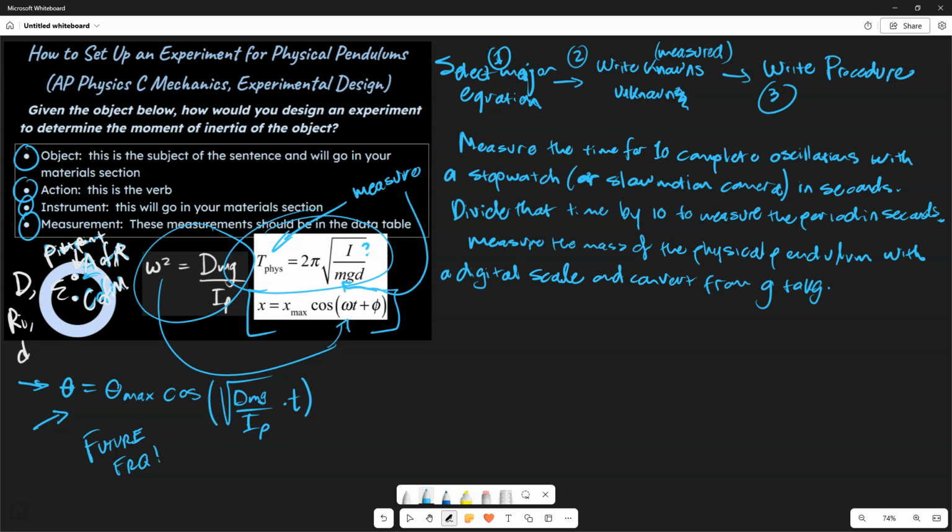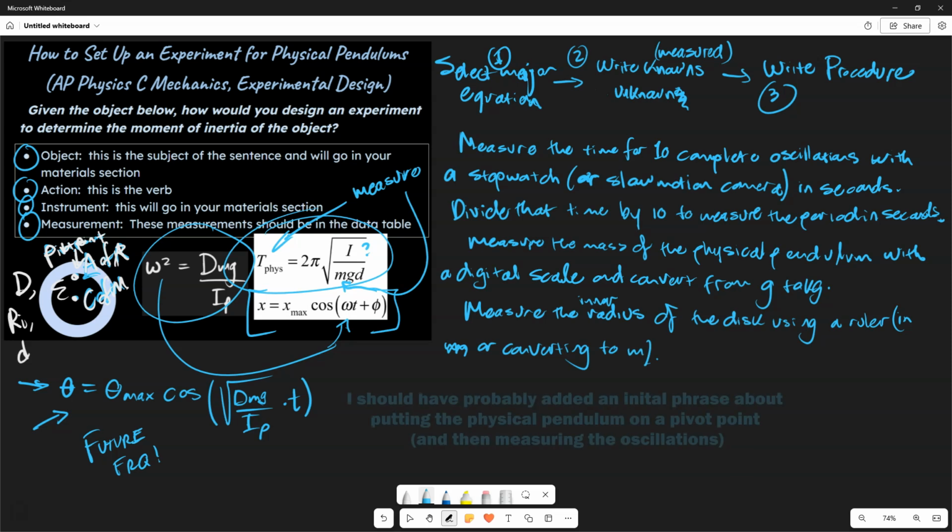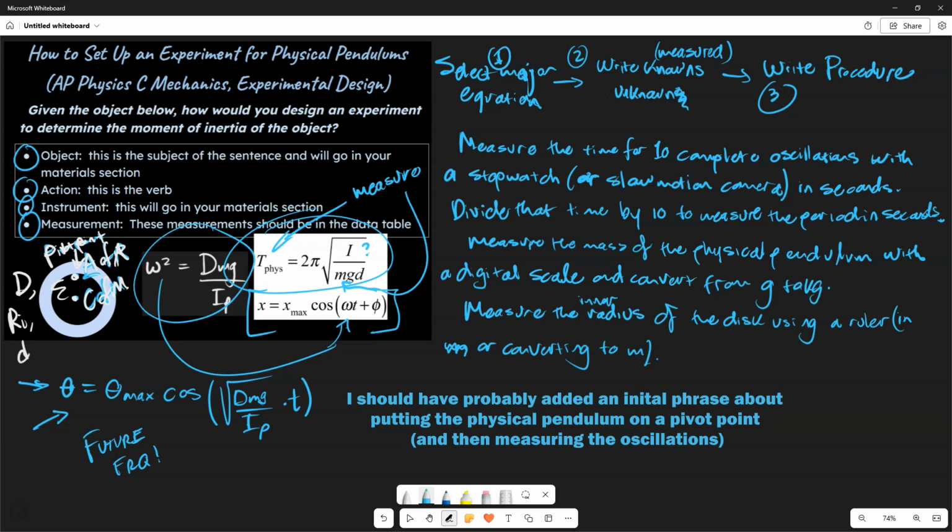That, again, is the distance between the axis of rotation and center of mass. In other words, that is our radius. That's our inner radius for this disk. So we would write something like this. So this effectively could be our procedure, or the vast majority of our procedure right here.